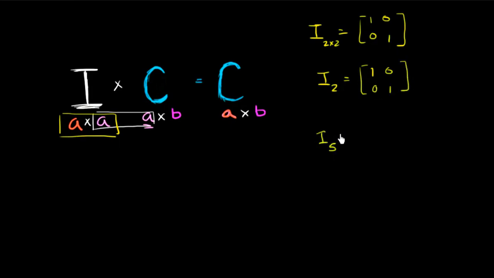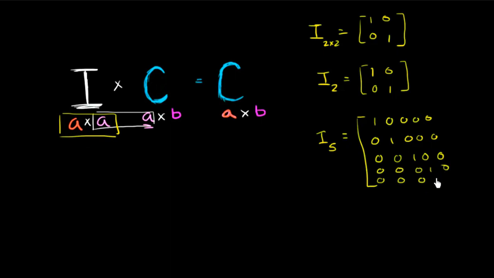I5 is going to be a 5 by 5 matrix, with ones along the diagonal and zeros elsewhere. You get the idea. The whole point is just to realize that your identity matrix is always going to be a square matrix, and it works even when you're multiplying non-square matrices.